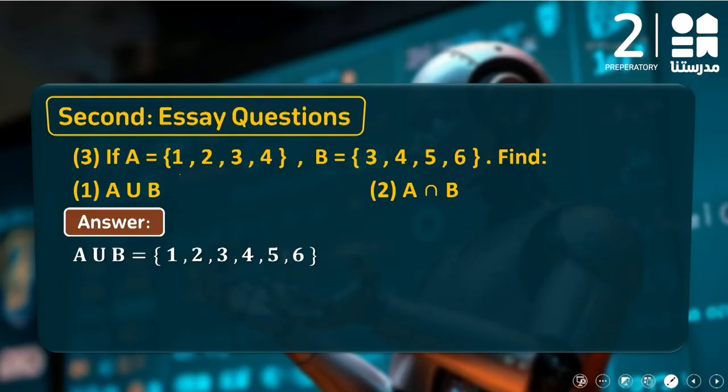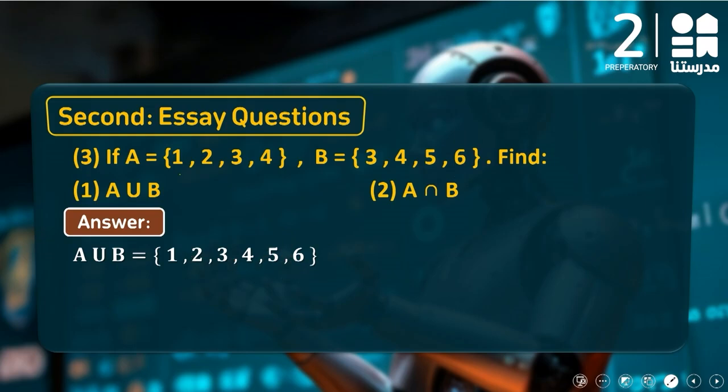So to find A union B, we take the elements of set A first: 1, 2, 3, and 4. Let's look at the elements of set B. We have 3, but we already wrote 3, and we can't use repetition, so we can't write 3 again. 4 we already wrote. Then 5 and 6. So A union B equals 1, 2, 3, 4, 5, and 6.